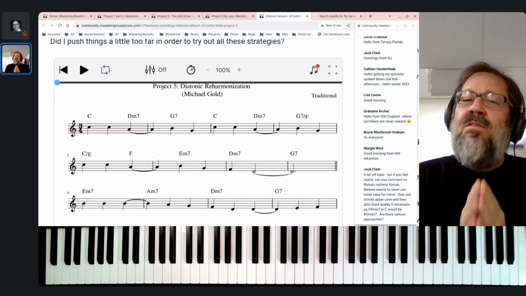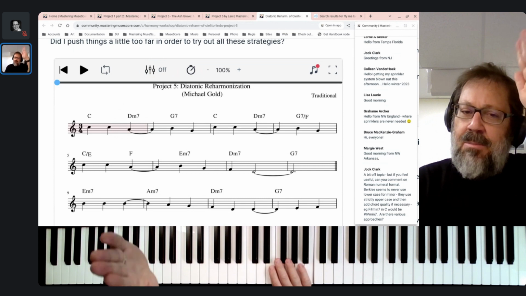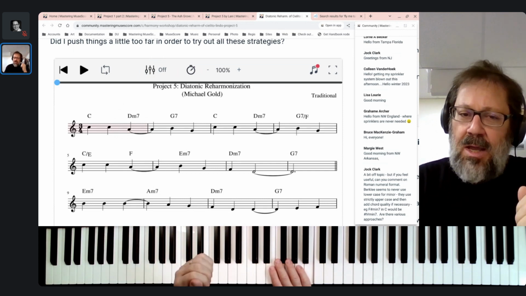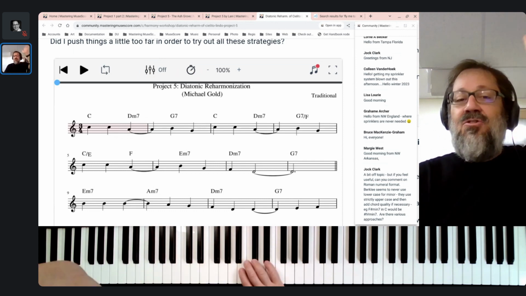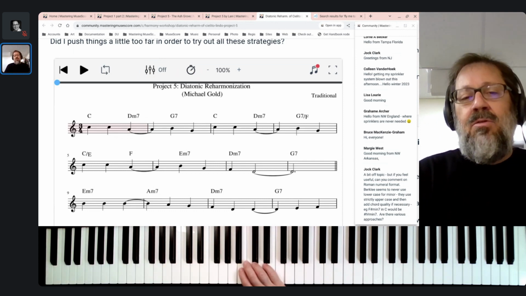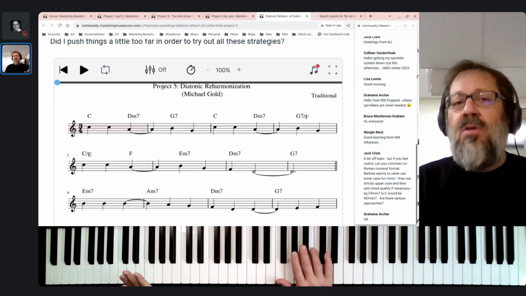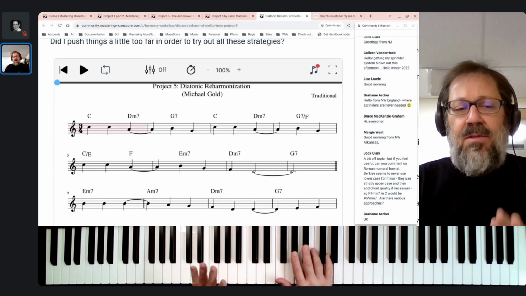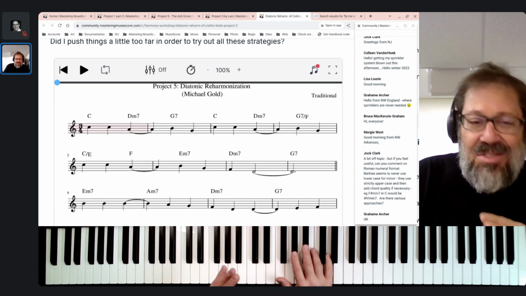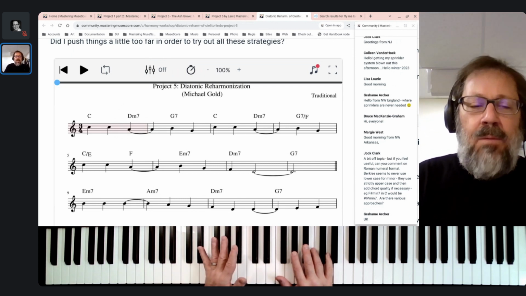Most places in the United States these days use capital for major, lowercase for minor, and also augmented capital, diminished lowercase. Anything with a major third capital, anything with a minor third lowercase. That is by far the most common thing in the United States, and I think most of the world as well.